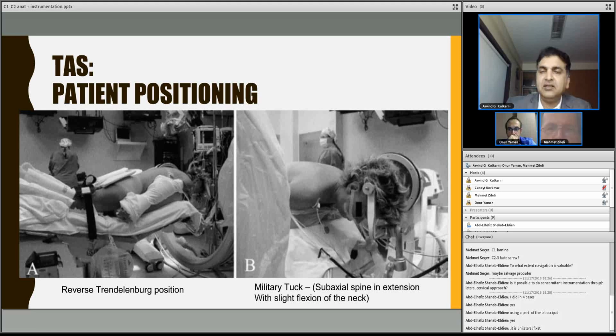That is the reason this technique is very difficult and contraindicated in patients who have a very lordotic neck and a very kyphotic thoracic spine, usually patients with an emphysematous chest. Because the thoracic spine is too kyphotic, there is compensatory cervical lordosis, and in these situations it's very difficult to do a C1, C2 transarticular screw.